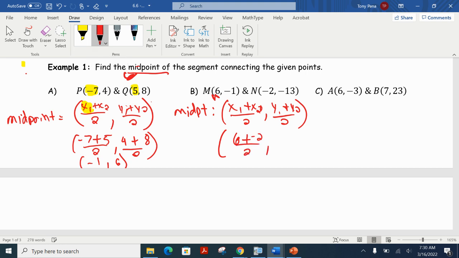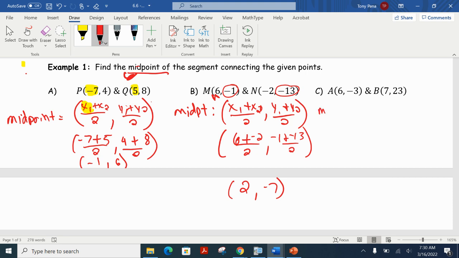We divide that by 2. Then I want the y coordinates added up. So I'm going to take the -1, the -13, add those up. Divide those by 2. Whatever that gives us is our answer. So this should be 4 over 2. So that's a 2. This is a -14 over 2, which is a -7. That's our midpoint.